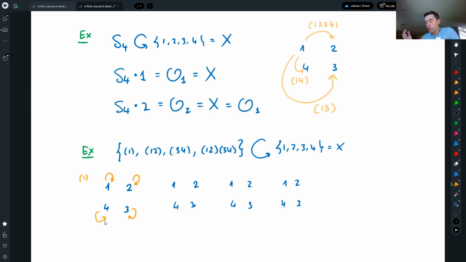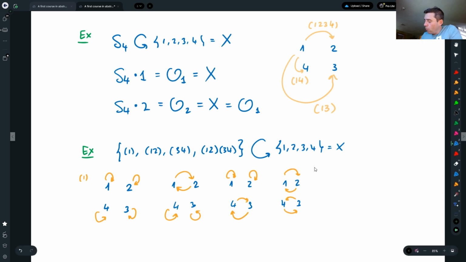So 1 goes to 1. (1 2) sends 1 to 2 and 2 to 1, and it leaves 4 and 3 stable. (3 4) sends 3 to 4 and 4 to 3, but it leaves 1 and 2 stable. And then there is (1 2)(3 4), which sends 1 to 2, 2 to 1, 3 to 4, and 4 to 3. So these are the 4 possibilities.